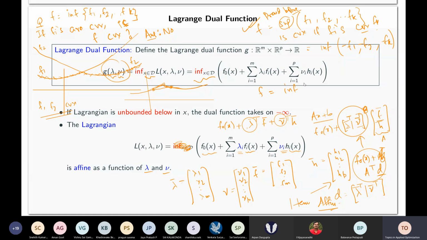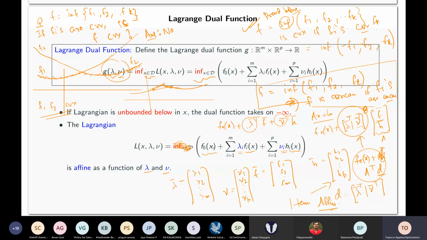If f is the infimum of f1, f2, fk, then f is concave if the fi's are concave. So this is the concave counterpart of this result.